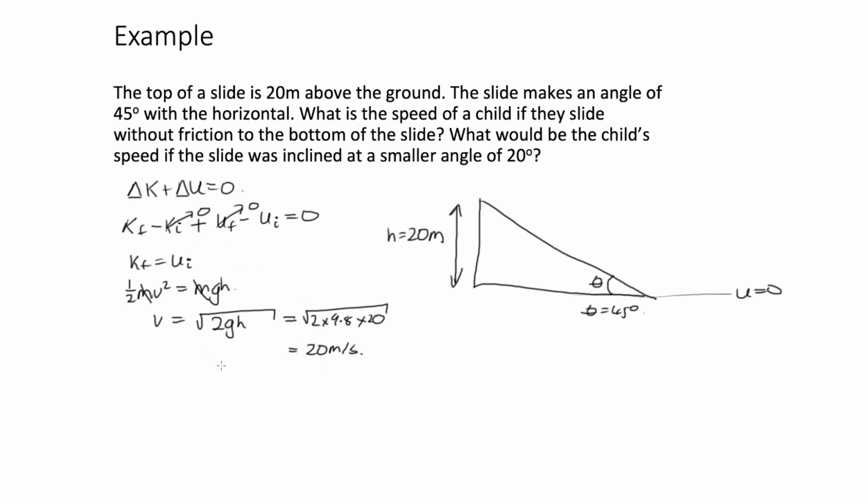Now, this is completely independent of angle. If it was at a shallower angle, then because we haven't changed the height above ground, it would be a longer slide, but the speed at the bottom would still remain the same. So independent.